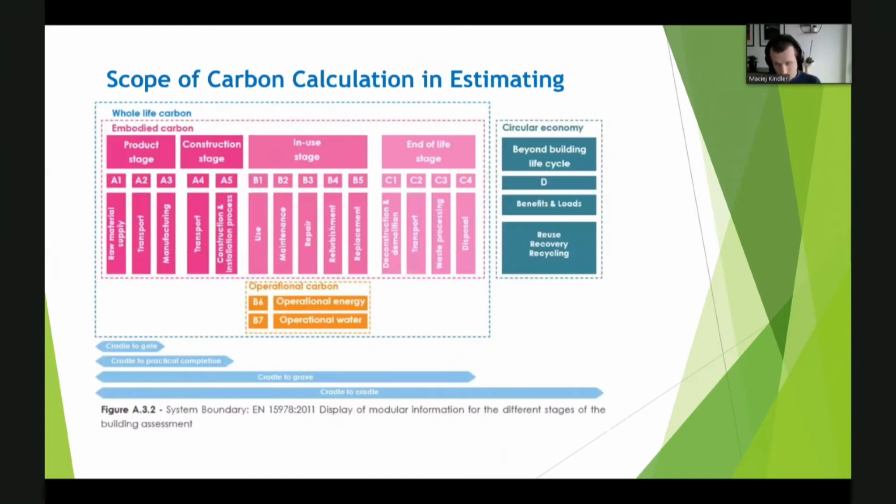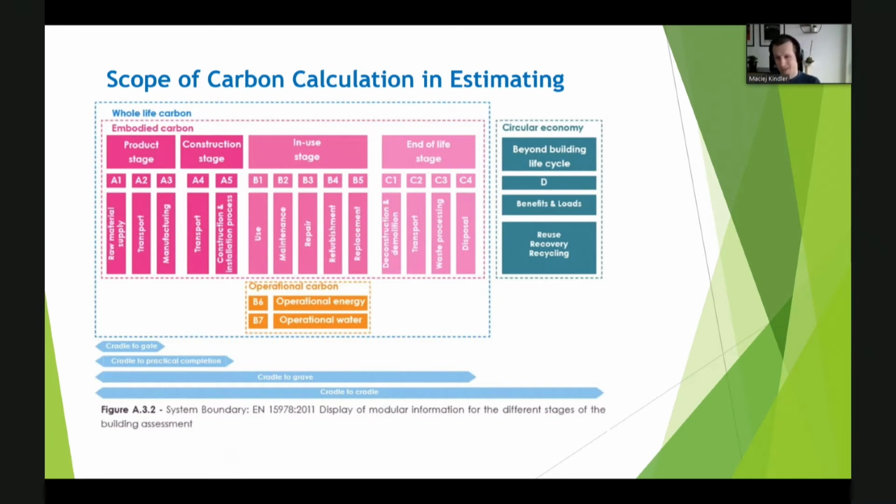It sounds simple, but as you can see, it actually covers a lot of different streams, a lot of data, a lot of aspects, and it is not a very straightforward activity to calculate properly the carbon footprint for an entire object, especially in its whole life cycle.